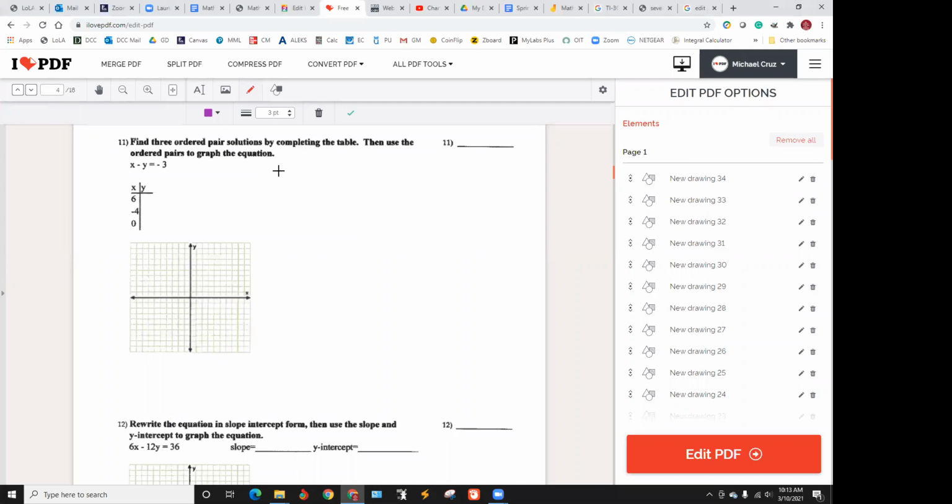So let's say x is equal to 6. So that means 6 minus y is equal to -3 minus 6 minus 6.